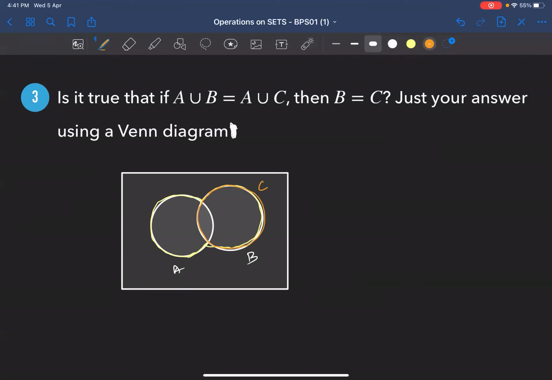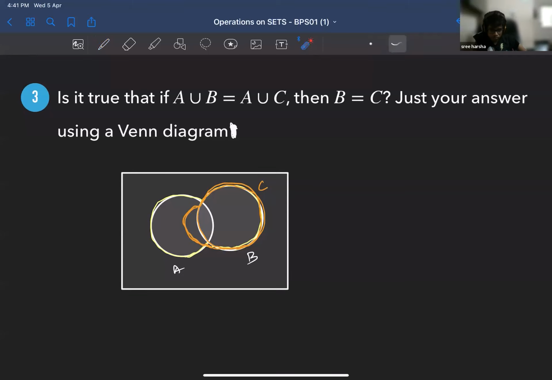What if my C contains some extra elements which are in A but not in B? Can I use that as my C? Do you see that? Yes. This is my A, this is my B, but my C is this extra thing. In that case, A union B is equal to A union C, right?